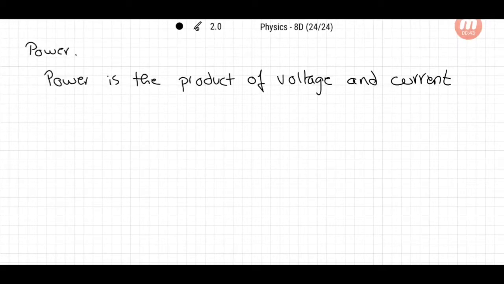Now today we're going to talk about power and energy. The power is the product of voltage and current.